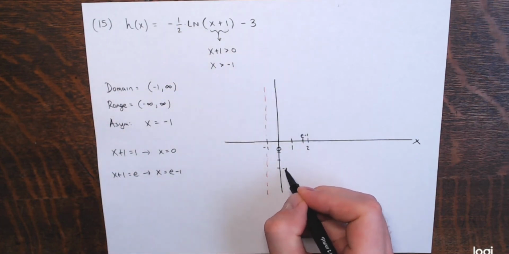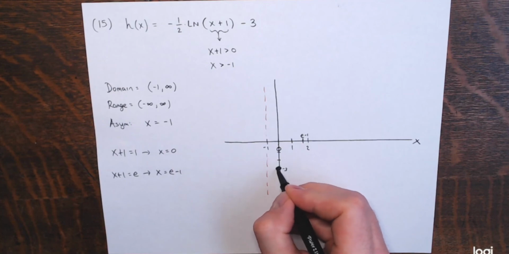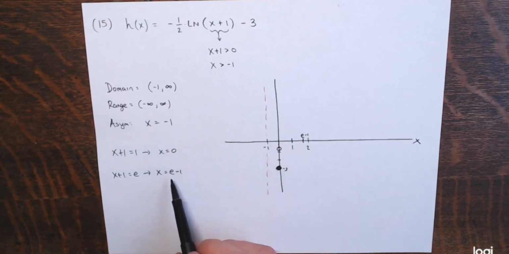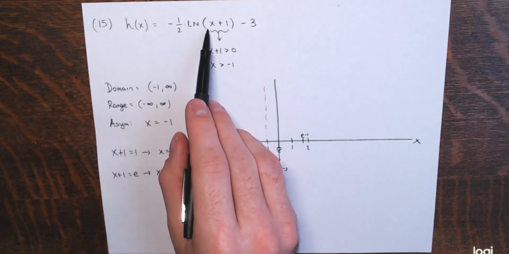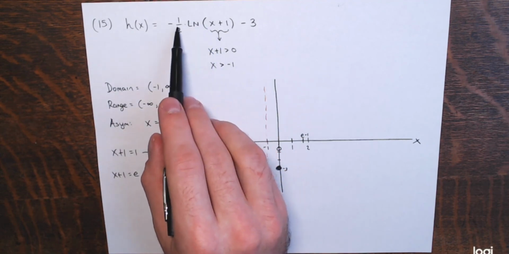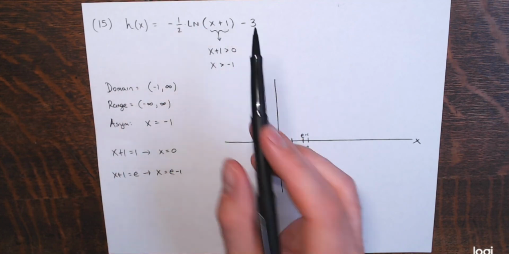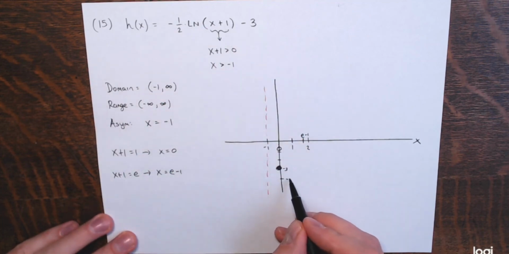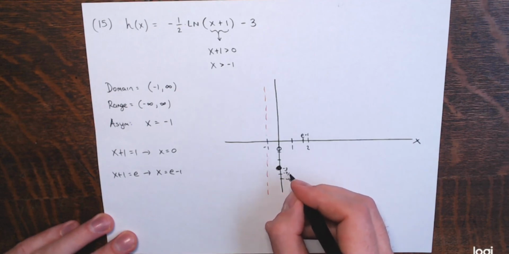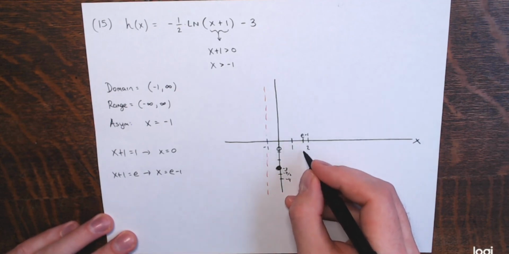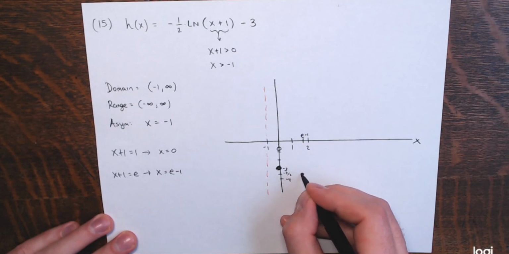So (0, -3) is on the graph. Then when I plug in e minus 1, you get the natural log of e, which is 1, times -1/2 would be -1/2, minus 3 would be -3.5. Alright, so -7/2, right, -3.5. So (e minus 1, -3.5), there's that point.